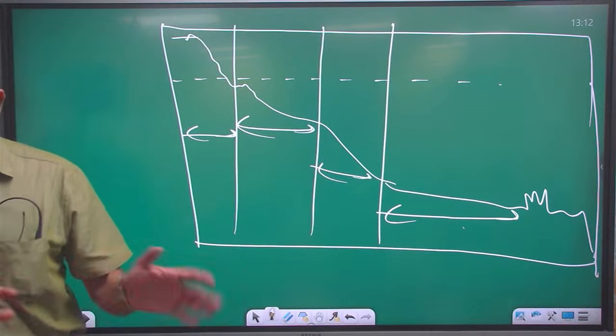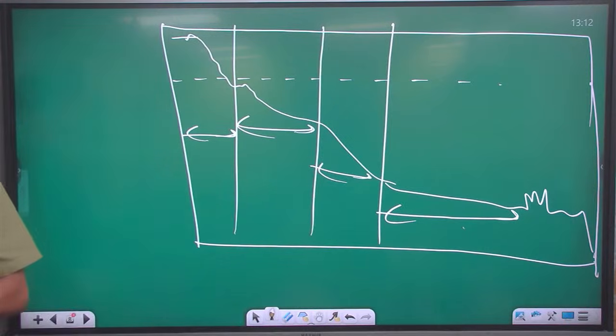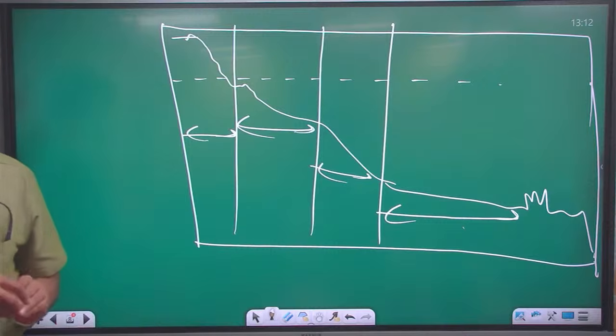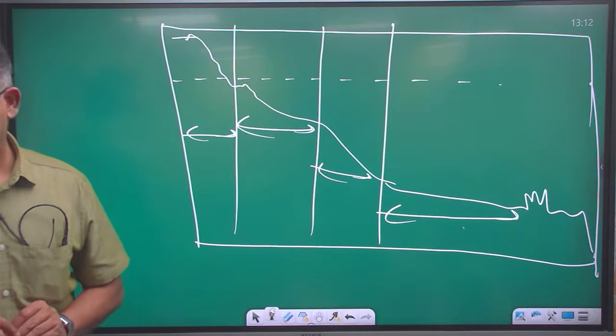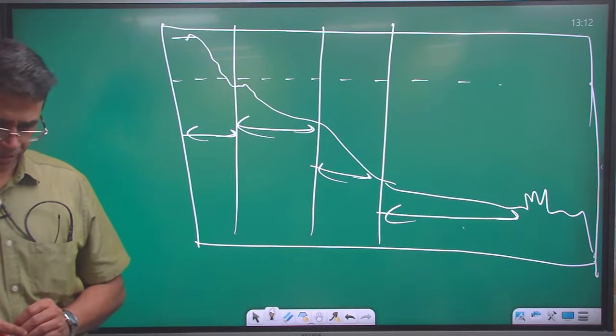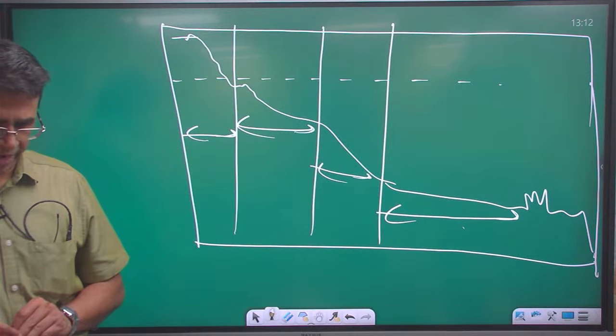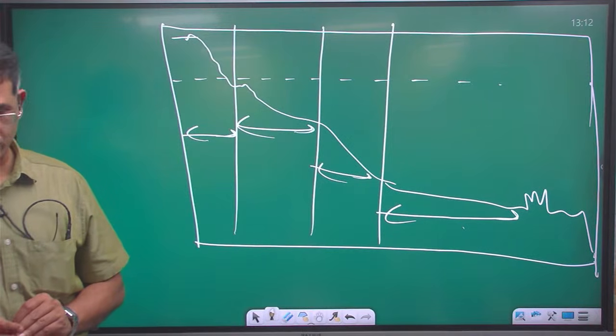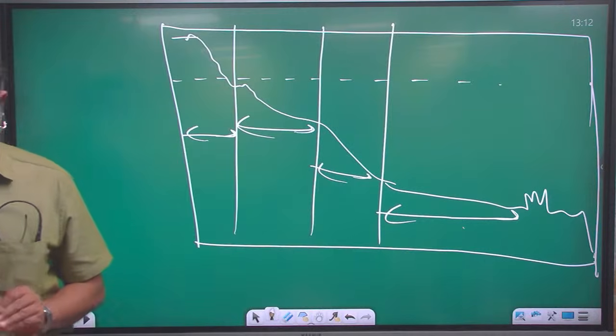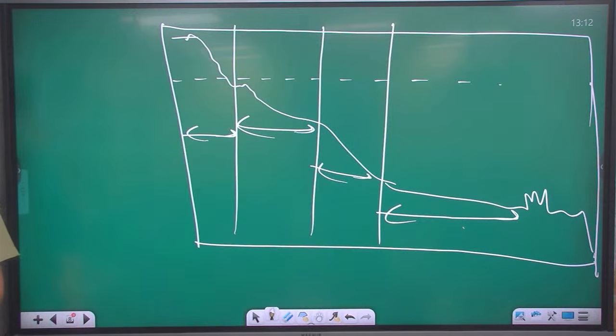The average depth of the oceans is about 3,800 meters. Okay.